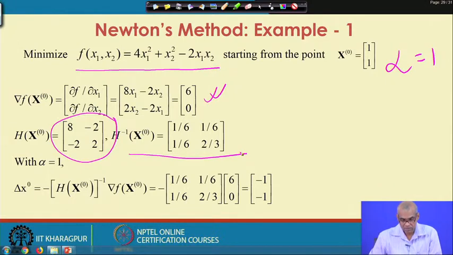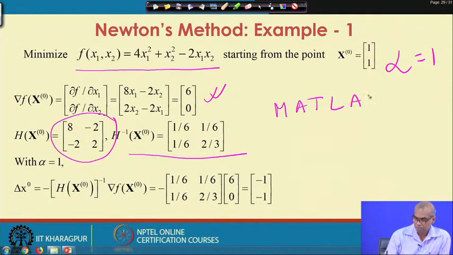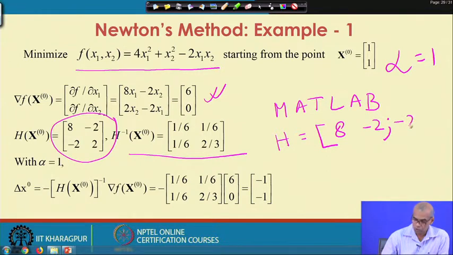At this stage, I would like to inform you that you can use software to find this inverse as well. For example, if you are using MATLAB, you define the Hessian as 8 minus 2 semicolon minus 2 2.